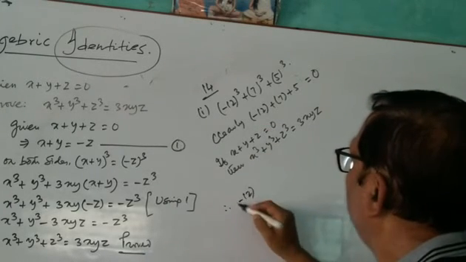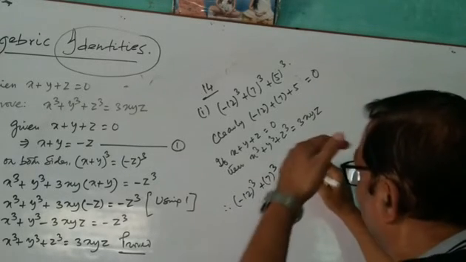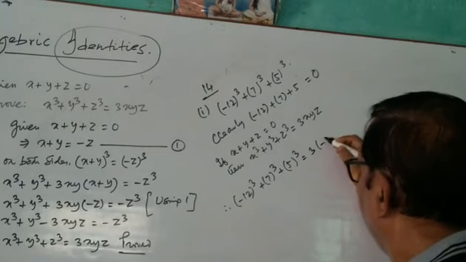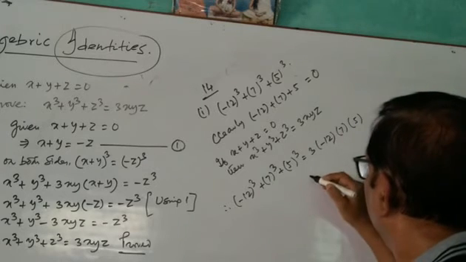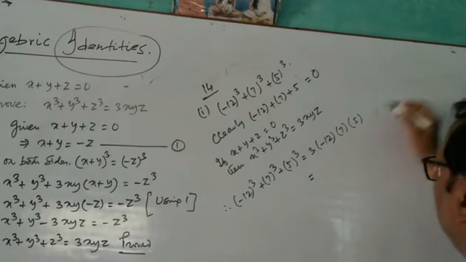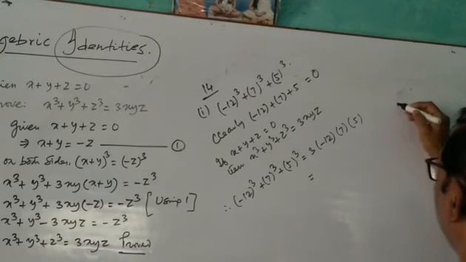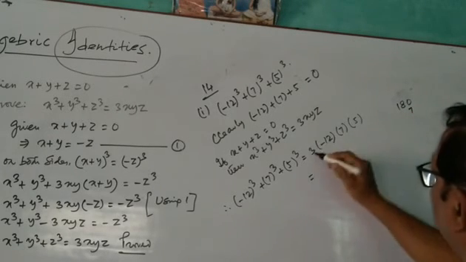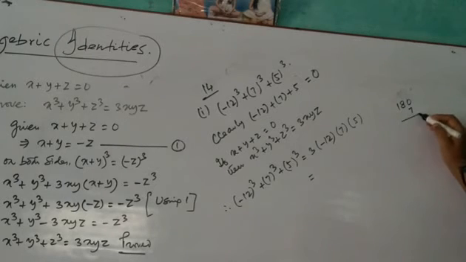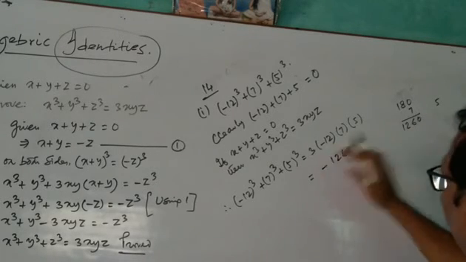Therefore, (-12)³ + 7³ + 5³ will be 3 into (-12) into 7 into 5. Now, 60 into 3 into 7.